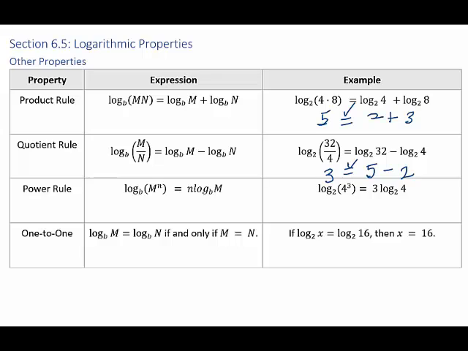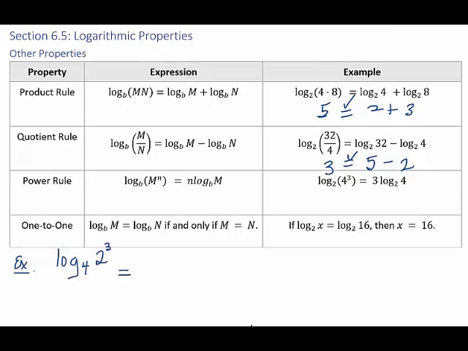Okay, the power rule says log base b of m to the n is equivalent to n times log base b of m. Now this one is easy enough to show, so why don't we look at an example. Log base 4 of 2 to the 3rd. Expanding that power, we get log base 4 of 2 times 2 times 2.